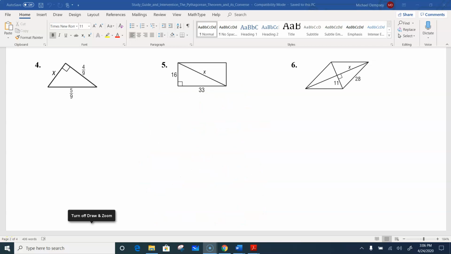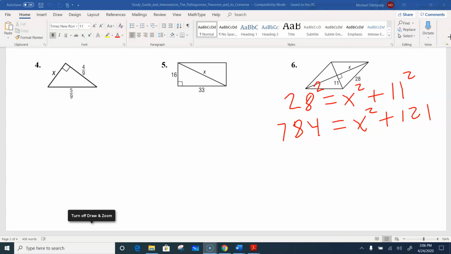So for the next one, setup's a little bit different. 28's the hypotenuse, so he has to live by himself there. So we have 28 squared equals x squared plus 11 squared. Those are my two legs, x and 11. Okay? So we have to square 28. So 28 squared is 784. So next we would subtract 121 from both sides to solve for that x. And I have 663 equals x squared.